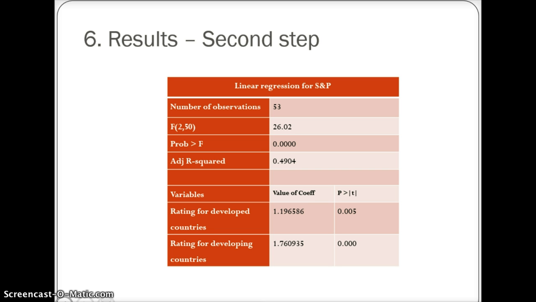This sample is smaller than in the first step because we found data on the interest rates only for 53 countries. Moreover, at least one coefficient is different from zero and so has an impact on the interest rate.